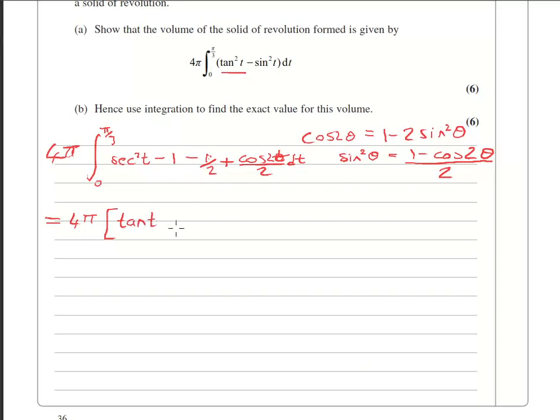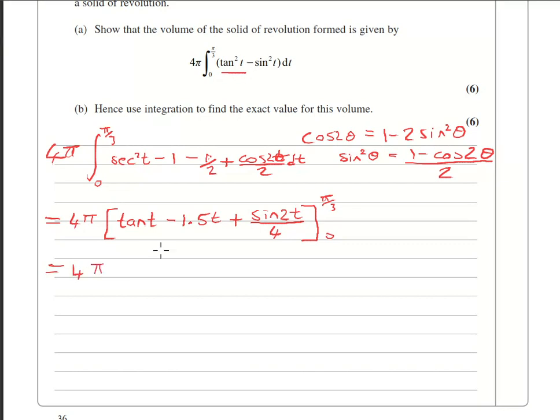Then we've got minus 1.5, which becomes minus 1.5t. And then plus cos 2t over 2, which integrates to plus sine 2t over 4. If you differentiate that, you'll see it does differentiate back to the line above. Now we can plug in our values.